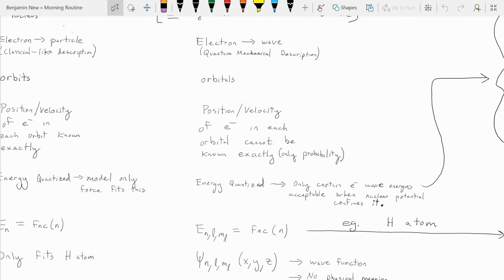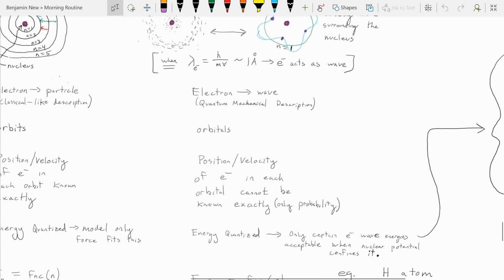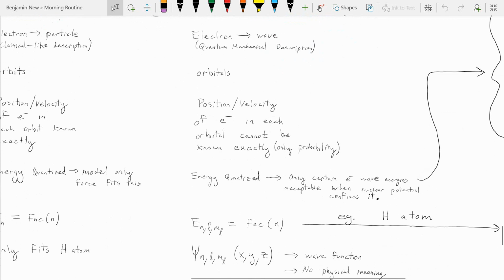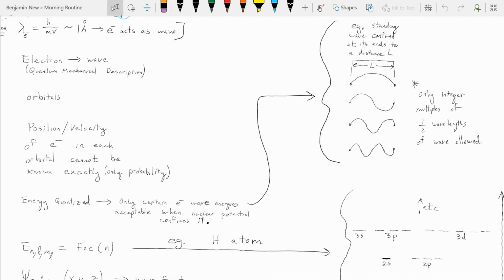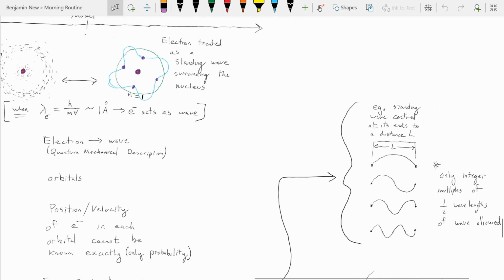And the energy itself is quantized. And it's quantized for the same reason that you can only have integer multiples of half wavelengths of the wave, because only certain electron wave energies are acceptable when the nuclear potential confines it. It just means that the electron is attracted to the nucleus even though it's considered a wave.